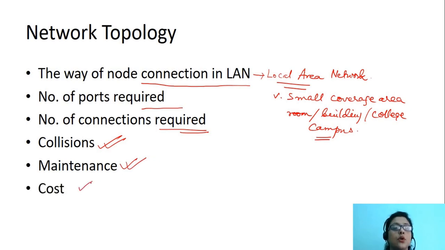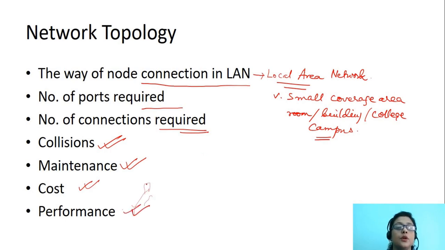What is the cost of maintenance as well as cost of installation of the entire network topology? Then comes performance. So with respect to all these parameters, let us now learn about the different network topology types.